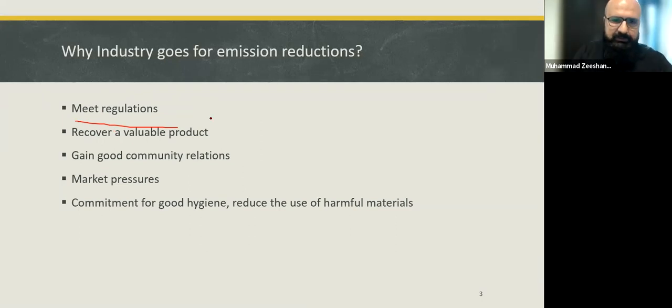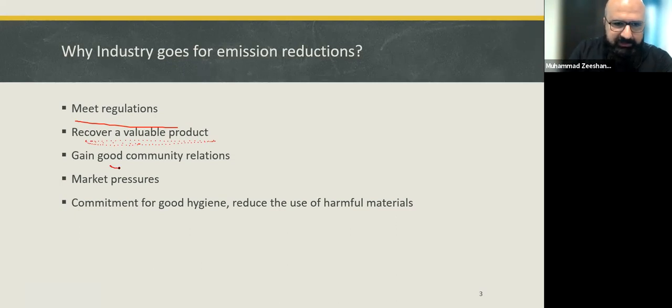Another reason is to recover valuable products. In some cases, the emission streams have some valuable product in them, so before venting those emission streams into the atmosphere, we need to recover those valuable products, and that's another reason to control air pollution.